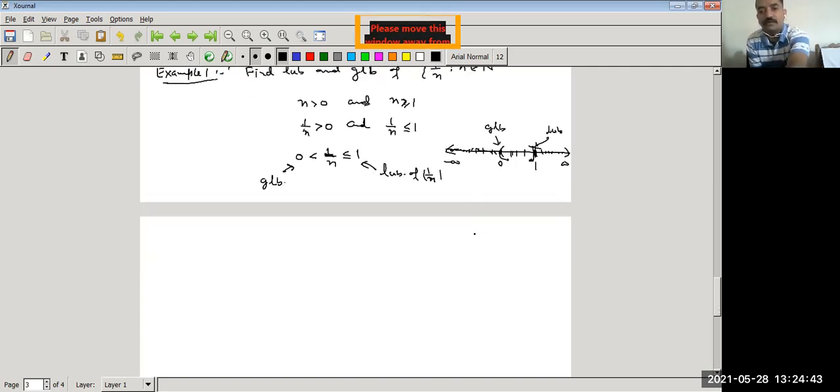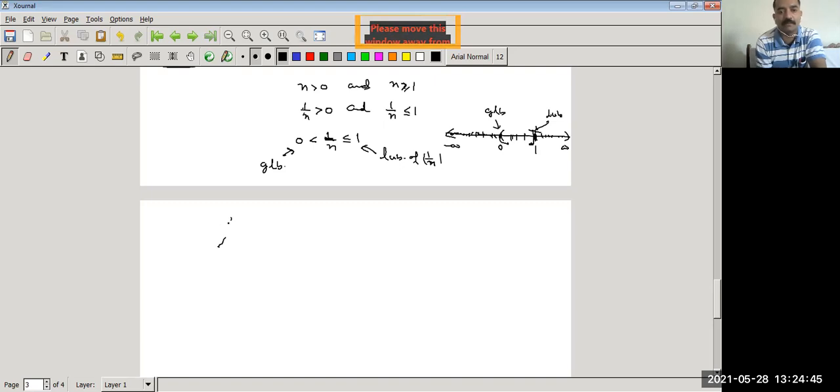We can also think about this example in terms of set 1 upon n, that is n belongs to natural number, so we put n equal to 1, then put 2, 3 and 4 and so on, we get this.